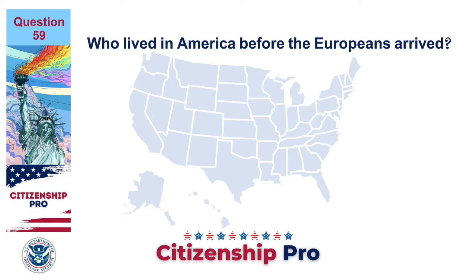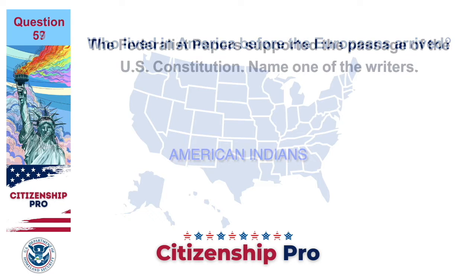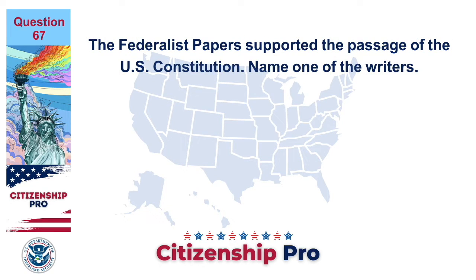Who lived in America before the Europeans arrived? American Indians. The Federalist Papers supported the passage of the U.S. Constitution. Name one of the writers.